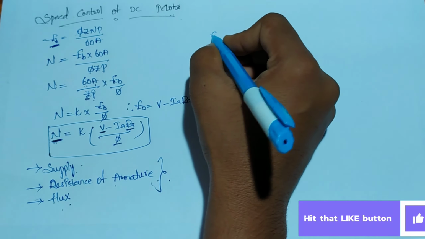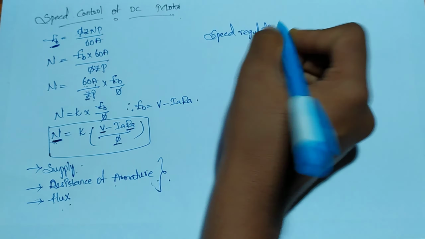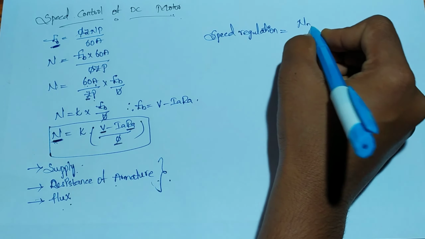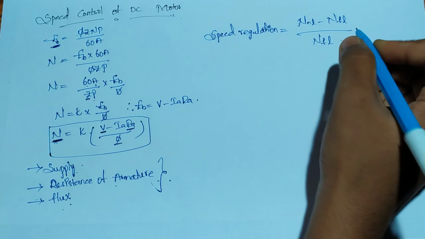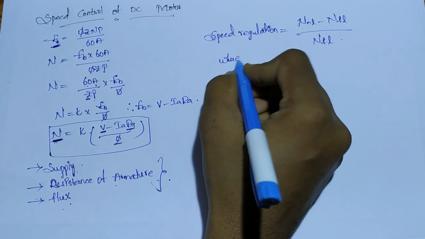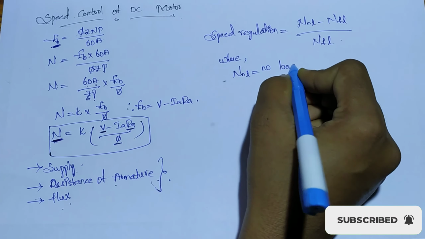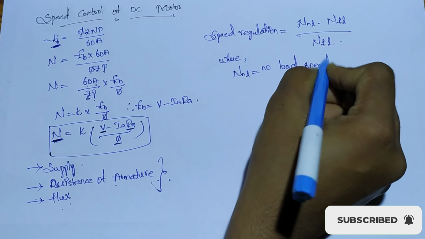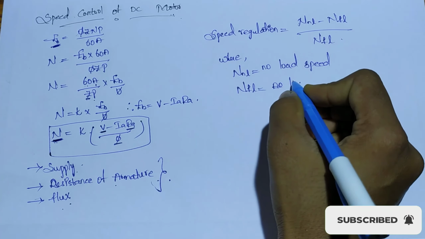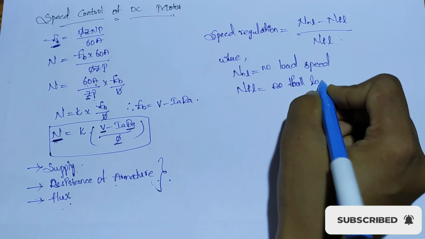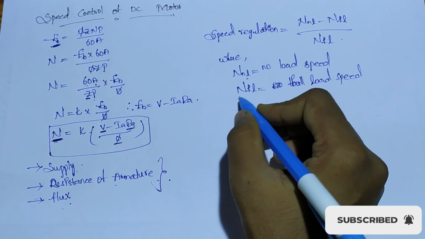The speed regulation equals N_NL minus N_FL by N_FL, where N_NL is the no load speed and N_FL is the full load speed.